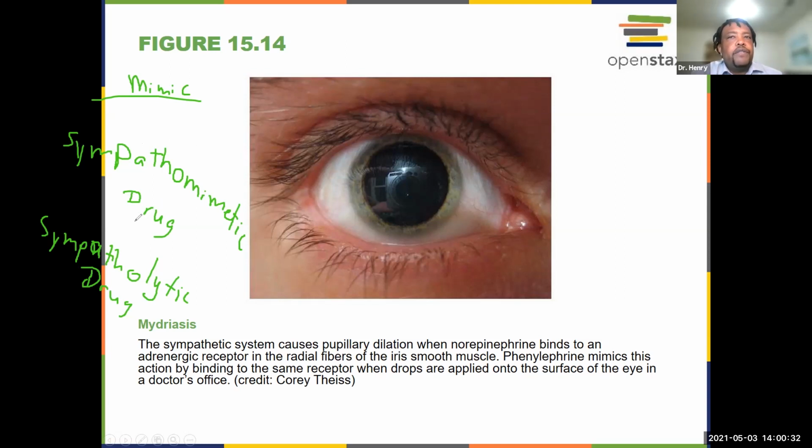These guys will mimic, these guys will inhibit or compete or disrupt the function of the neurotransmitter.